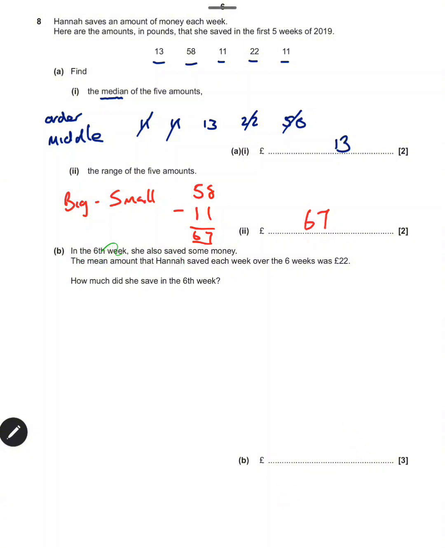And part B of this question says in the 6th week, she also saved some money. So we don't know what that final number is. But it says the mean over the 6 weeks is 22. And we need to know how much you saved in this last week. So the mean, well, that comes from add the numbers up and divide by how many numbers there are.